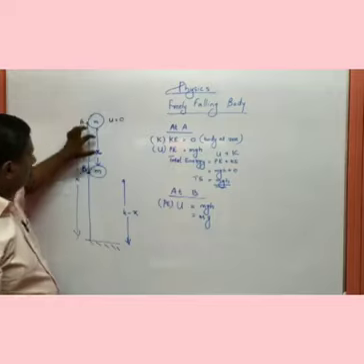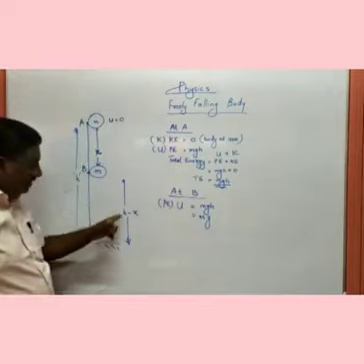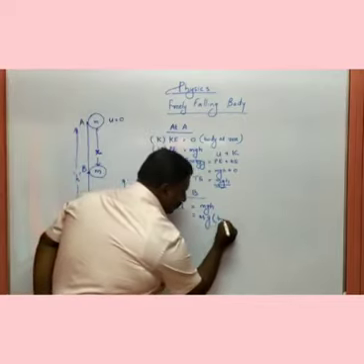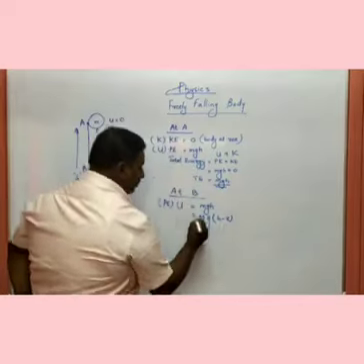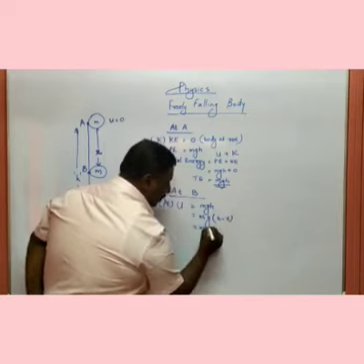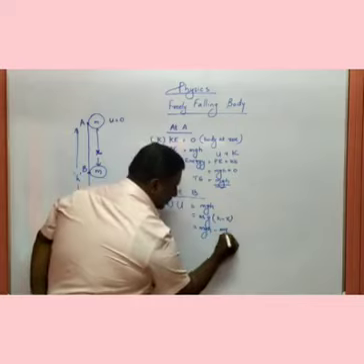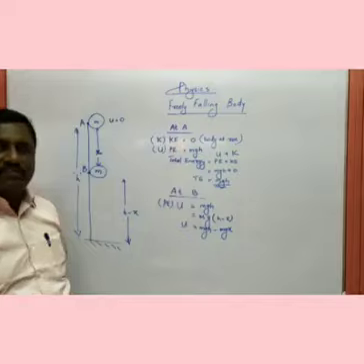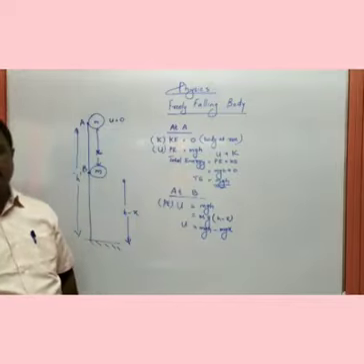Because the body covered a distance x, total height h, the remaining distance will be h minus x. Therefore, we can write it as mg times (h minus x). Removing the bracket, mgh minus mgx. It is the value of the gravitational potential energy: mgh minus mgx.